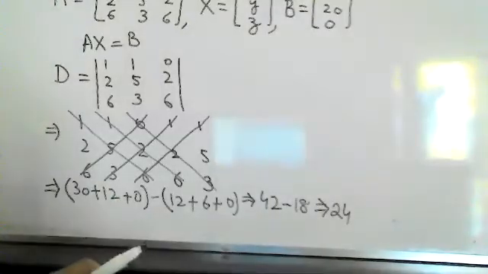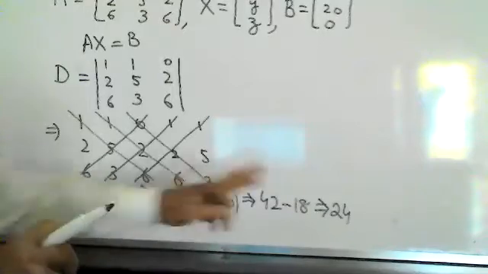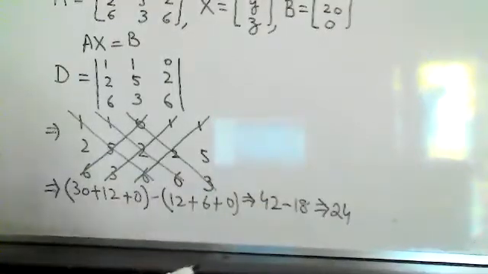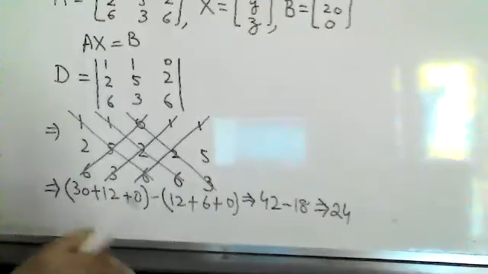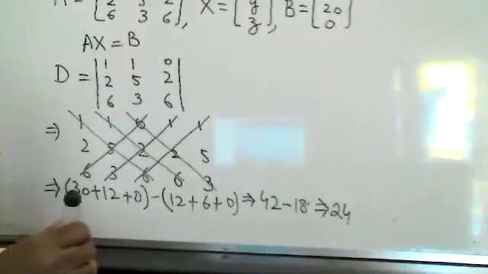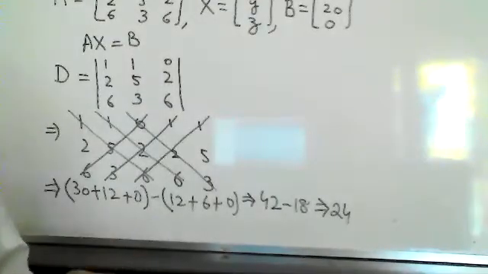The value of determinant D is 24. This is non-zero. If the answer becomes 0, we will not solve further. Just write impossible. The solution by Cramer's rule is impossible. That's all.